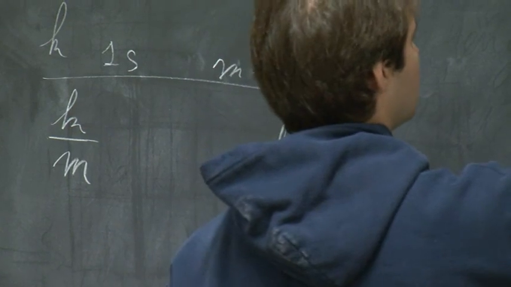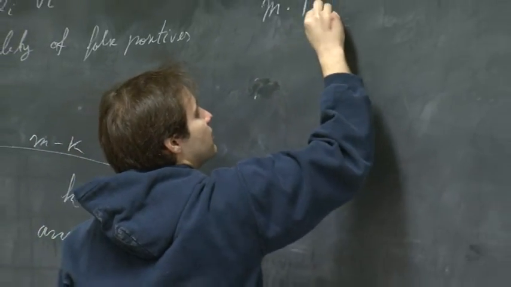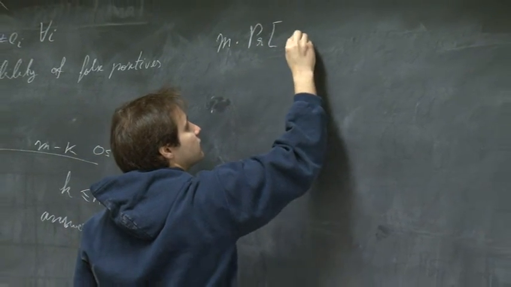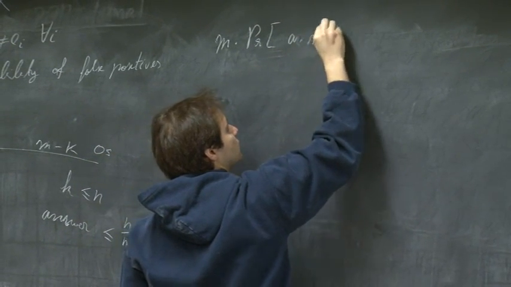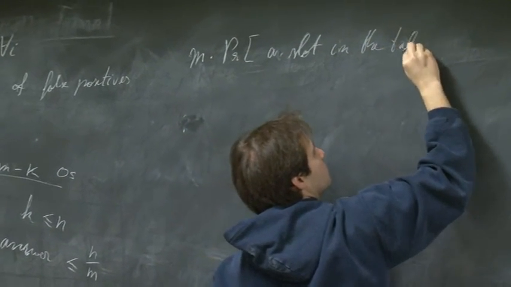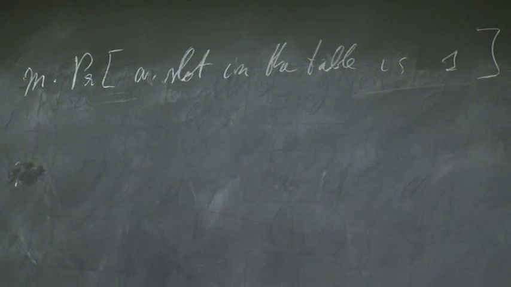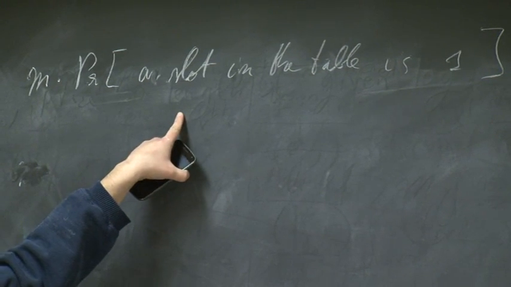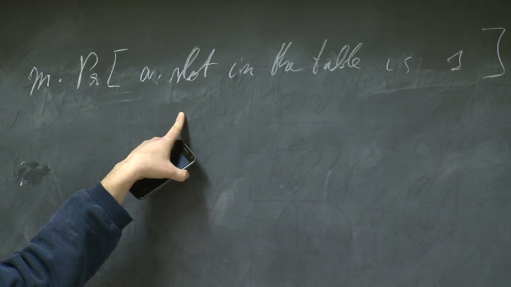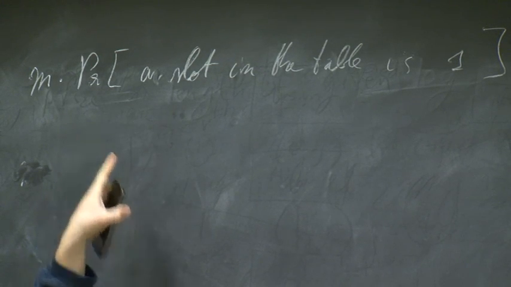That's m times the probability that a slot in the table is 1. The probability that a slot in the table is 1 is k over m. So if we know this probability and we multiply it by m, then we get k.